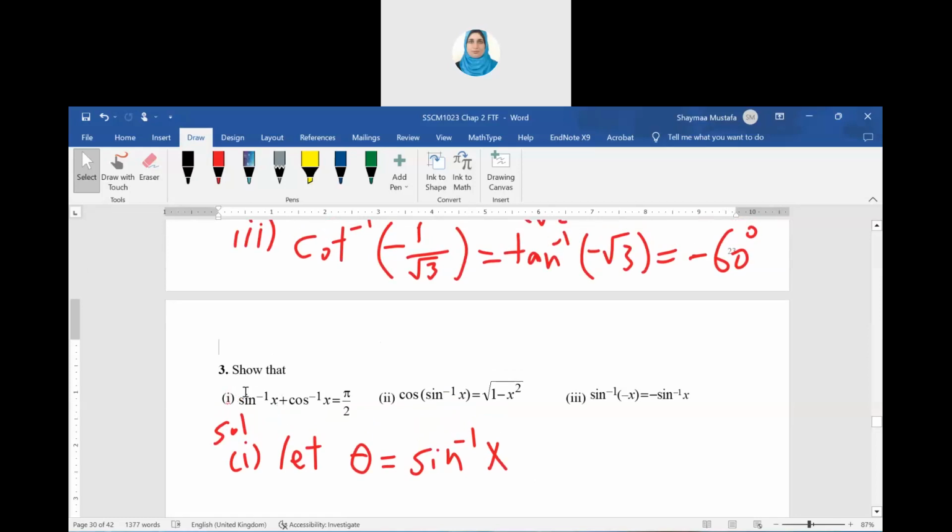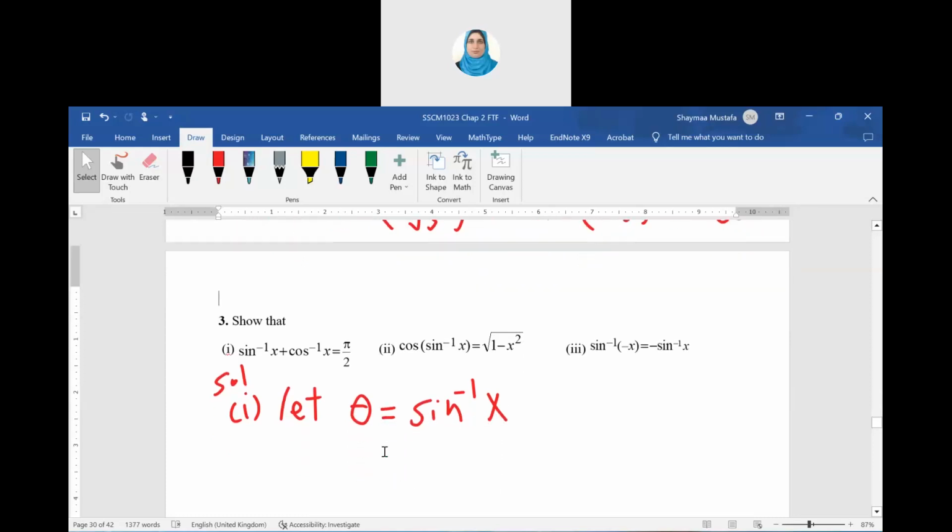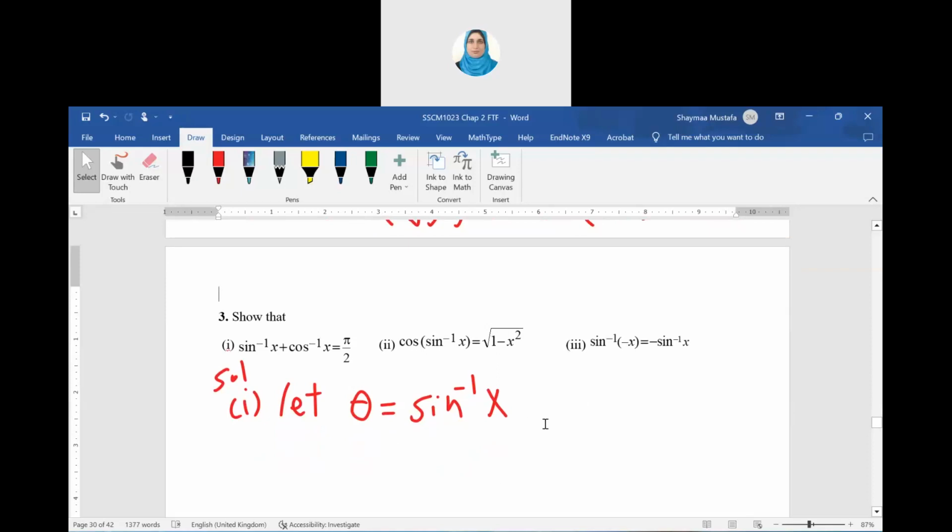I just assume that theta is equal to sine inverse x. This means that sine theta is equal to x.